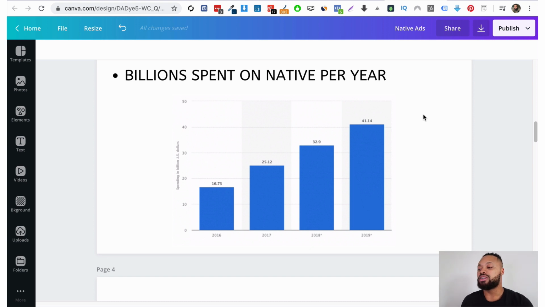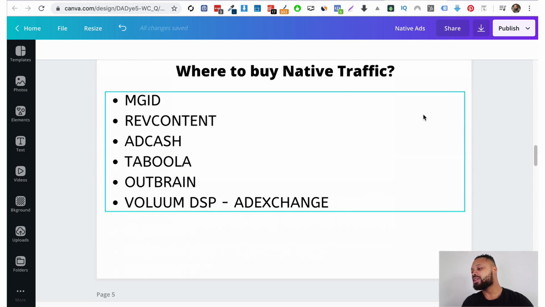But from what I can read from something I grabbed on Google, 41 billion was spent on native ads last year, which is huge. Huge traffic source. Don't think of that data as something to scare you. Use it as something to drive you, because if that much money is being spent there, there's a lot of money being made.